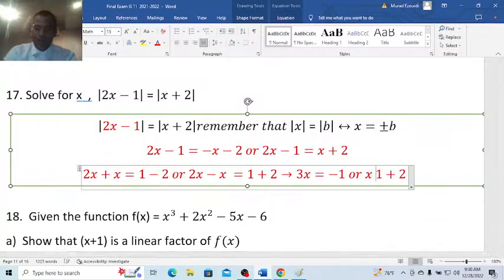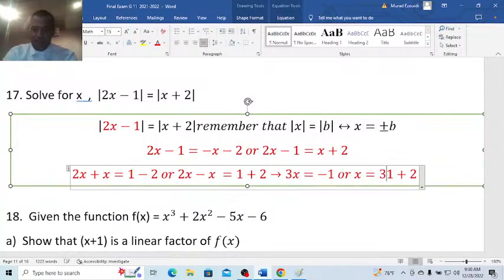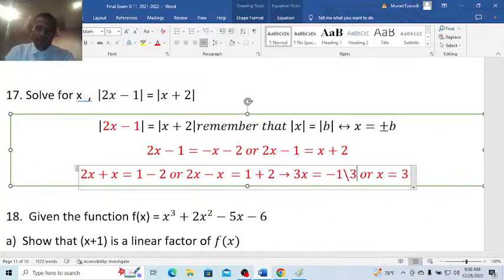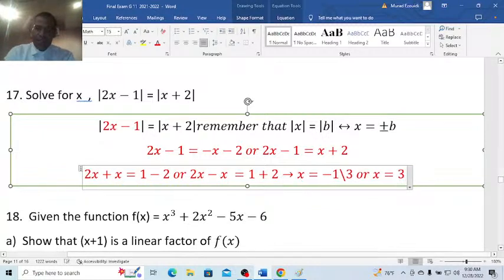Therefore the roots here, the solution of the value of x, because the question is solve for x. So 3x equals negative 1 over 3. I will divide both sides by 3, or x equals 3. These are the roots, the solution for my equation.